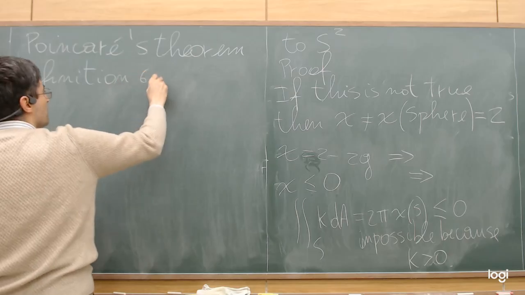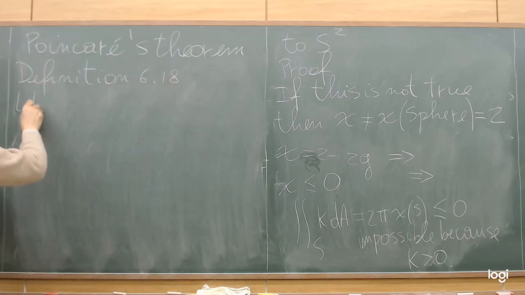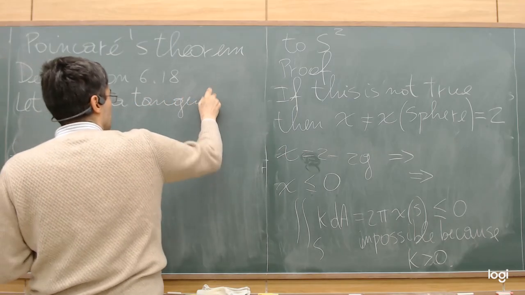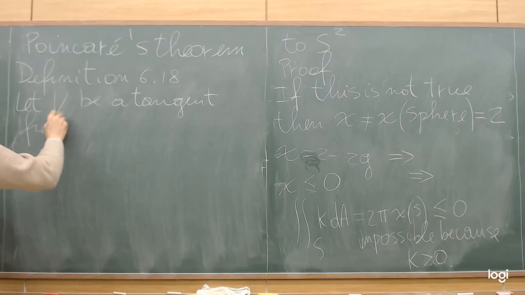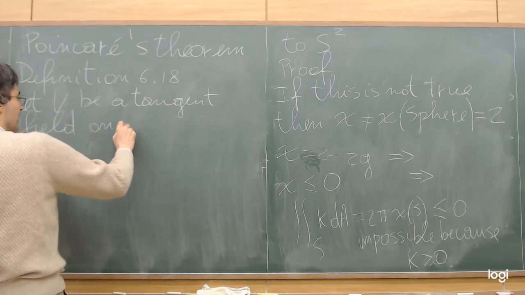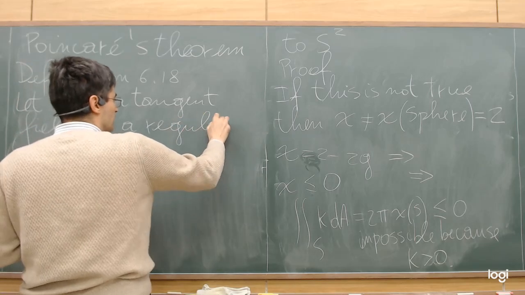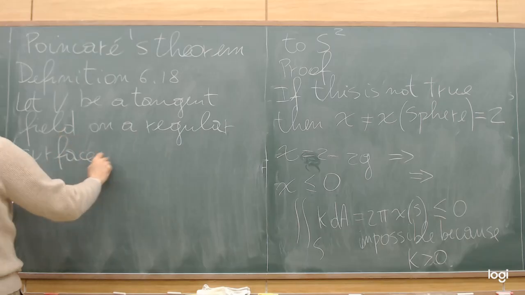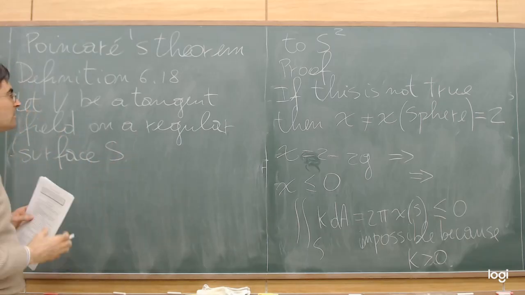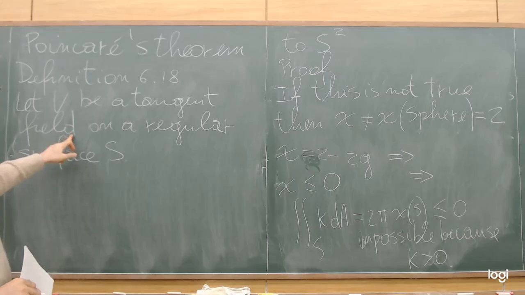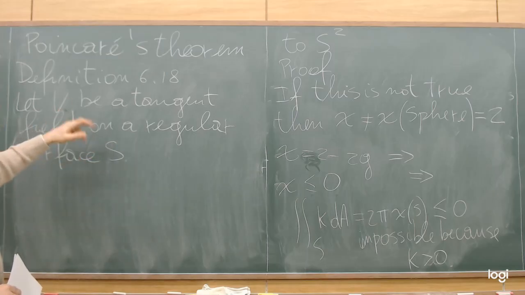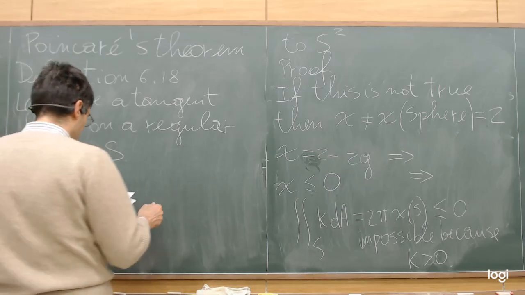Let V be a tangent field on a regular surface S. So this means that V is a vector field such that for each point P of the surface, V at P is a tangent vector to the surface.